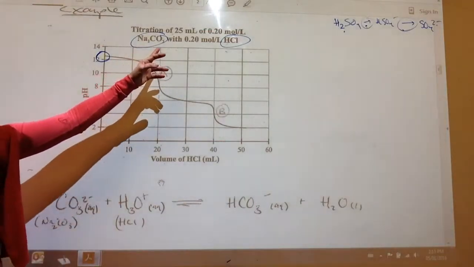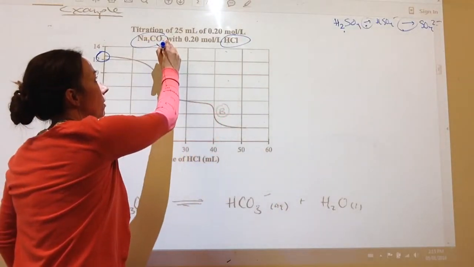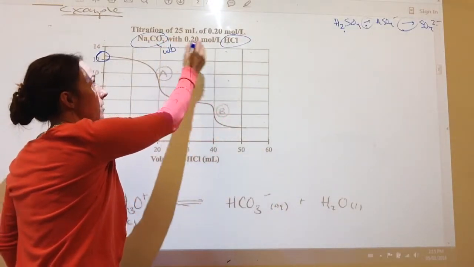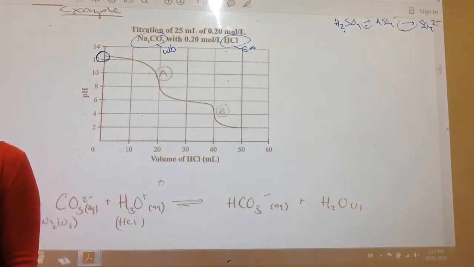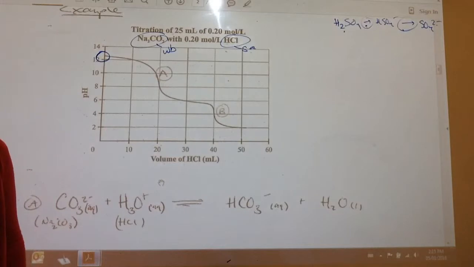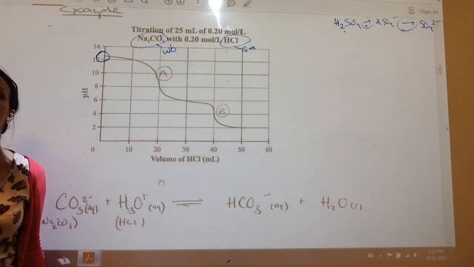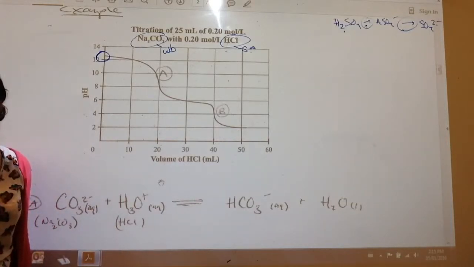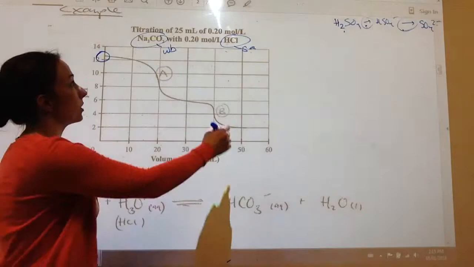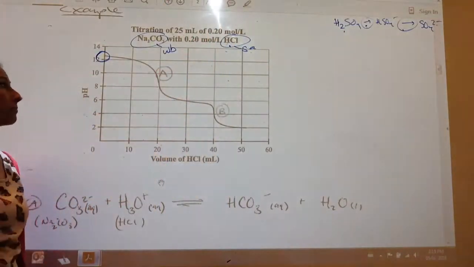No. So therefore this is a weak base and this is a strong acid. So I am reacting a weak base with a strong acid. I started with my weak base as my sample in my Erlenmeyer flask, and I am titrating with the titrant HCl. So the HCl is dripping out of the burette.